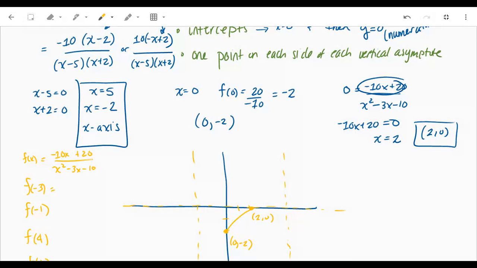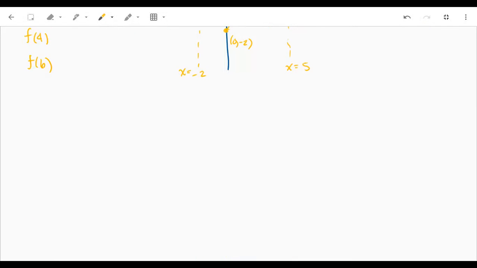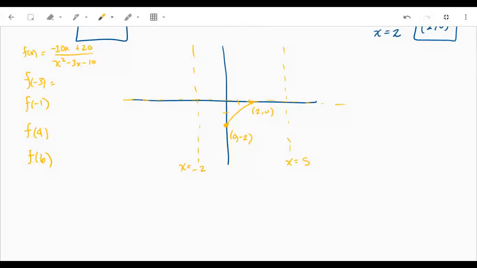So f of -3, I'd have 30 plus 20 over 9 plus 9 minus 10. So I would have 50 over 18 minus 10, which is 8. 50 over 8, that's 25 fourths. So 6.25.